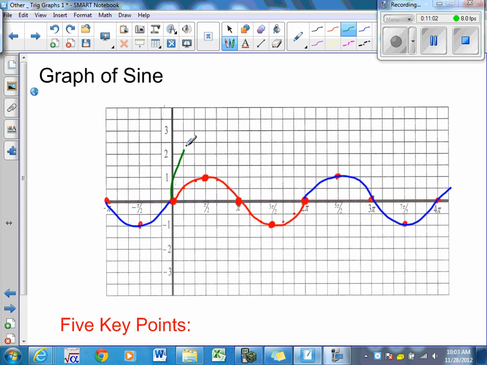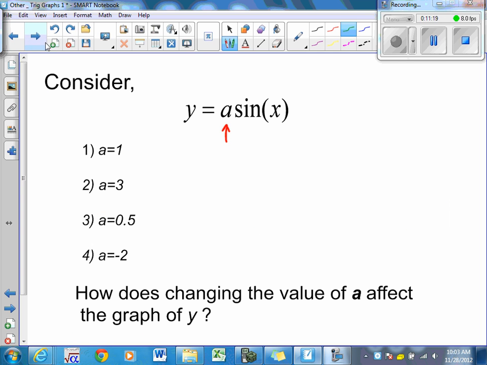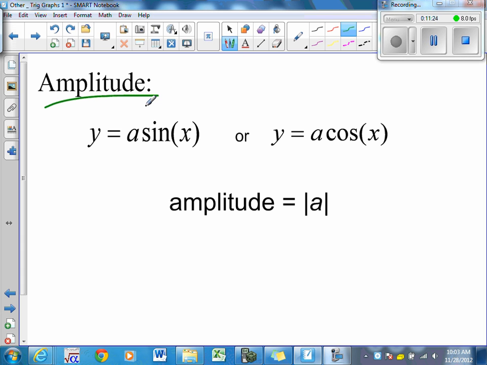It now goes all the way up to 3 and down to -3. Notice, the zeros don't change, just the peaks and the valleys change. So that is what these numbers in front do. They change what's called the amplitude. The amplitude is how high or low our graph goes. It's our peaks and our valleys. And this number in front is our amplitude.